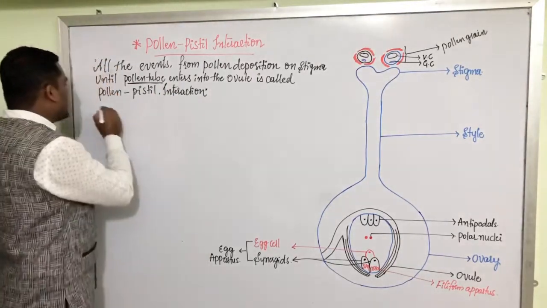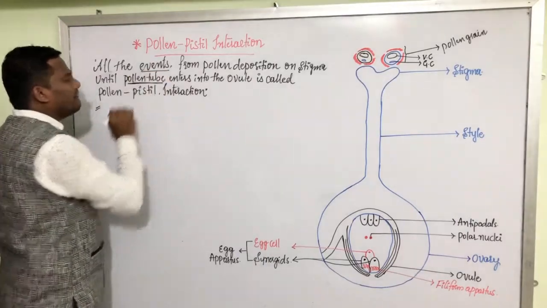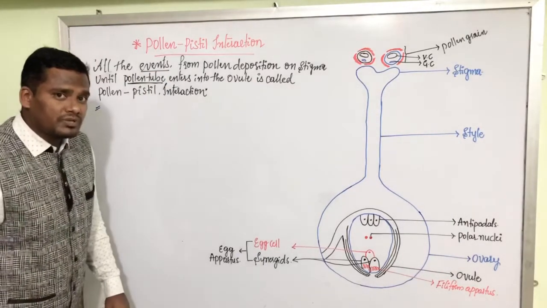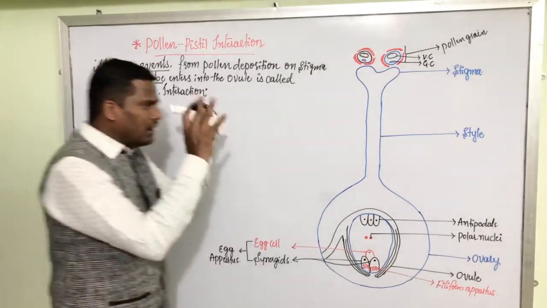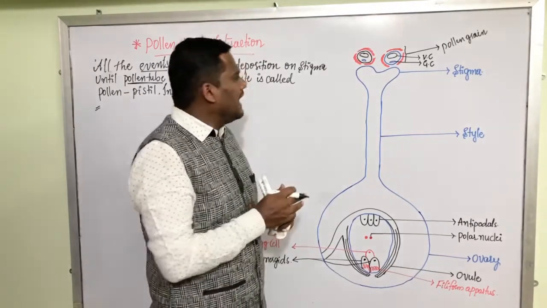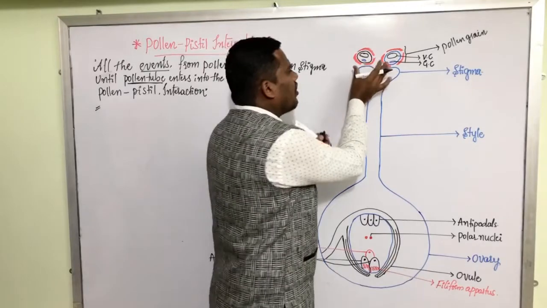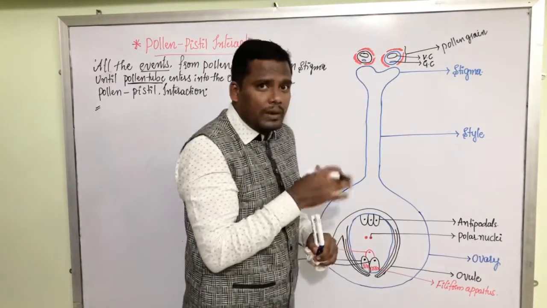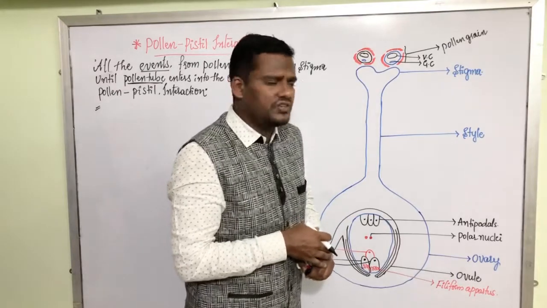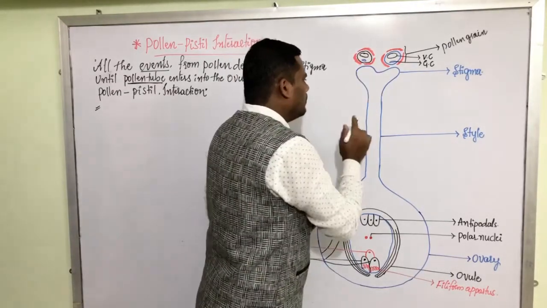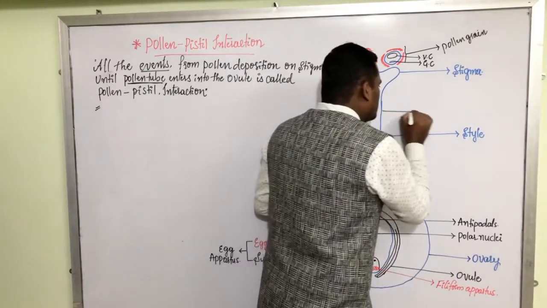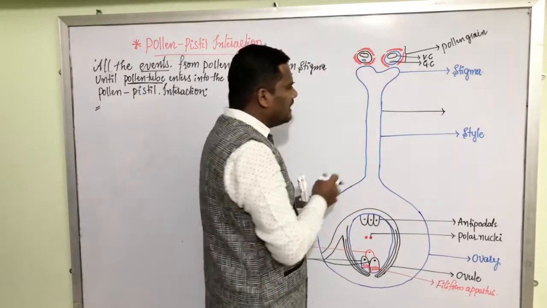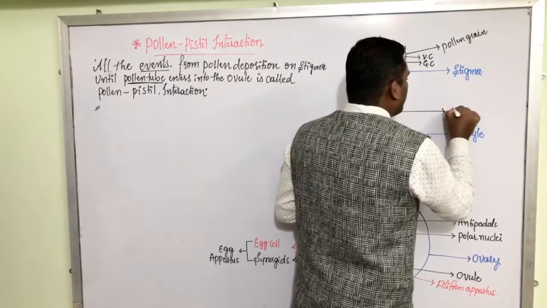Now, let us try to analyze the series of events happening during the pollen-pistil interaction. Pollination occurred and there is a deposition of two types of pollen grains. That means there is a landing of two types of pollen grain on the stigmatic surface here. Now, consider this gynoecium or this flower, this female part. It belongs to the mango, for example.